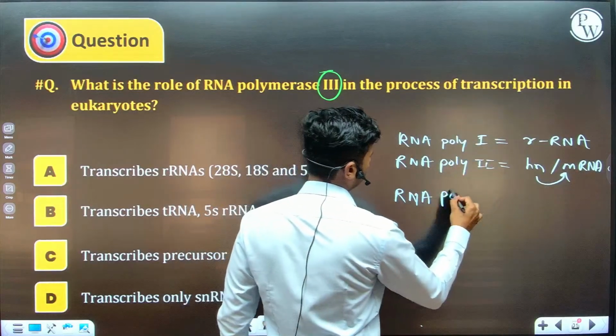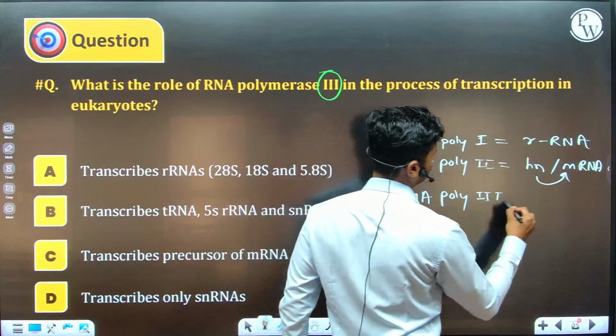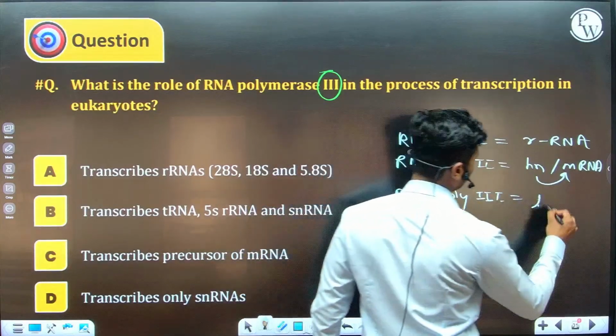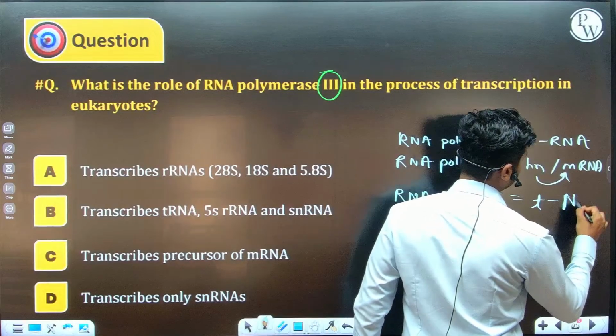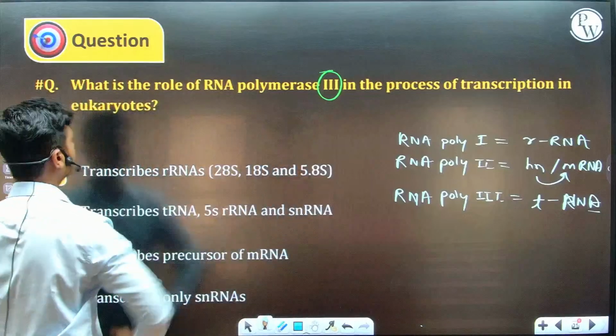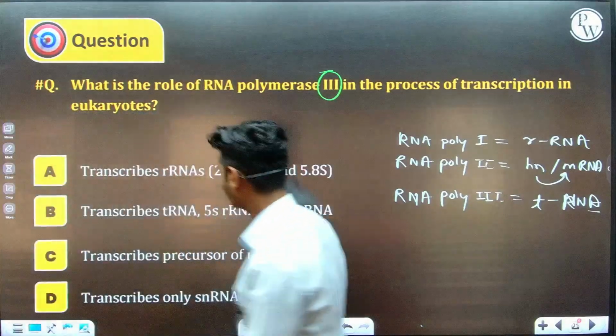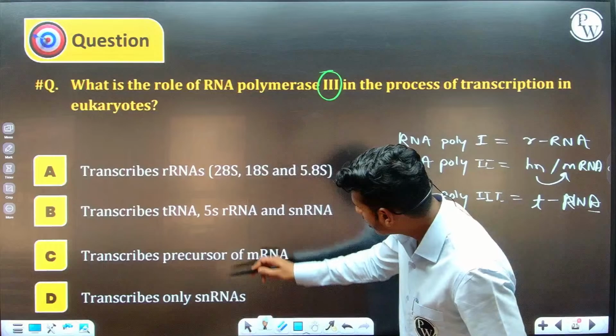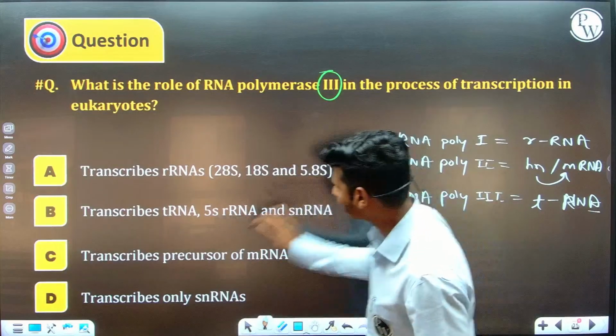RNA polymerase 3 is responsible for formation of tRNA. So they are asking about 3, then it is tRNA, 5S RNA. Yes, B.